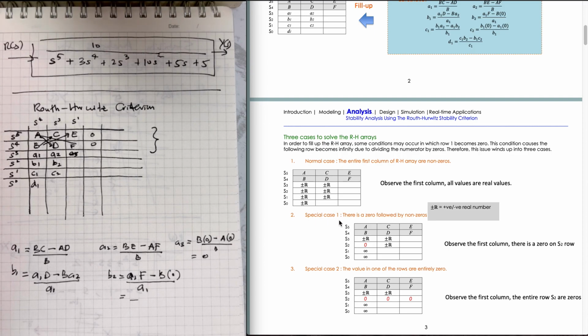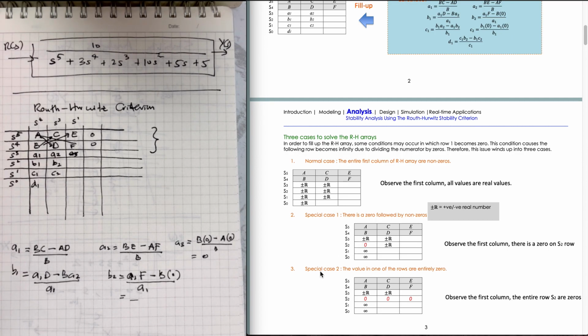For special case one, a certain value of this coefficient will actually be 0 in the first column, one of the rows, maybe here, maybe here, it depends. If you find this, and the condition must be followed by a non-zero or a real number next to it, then we call it special case one.